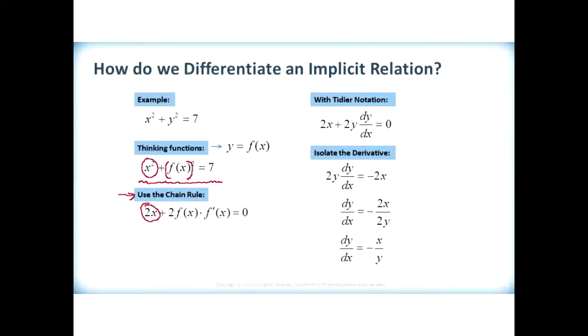Then I use the chain rule to differentiate the second term, f of x inside brackets all squared. The chain rule tells me to take 2 times f of x, reducing the exponent by 1, so you could put a 1 there, but we typically don't. So it's 2 times f of x multiplied by the derivative of f of x, and on the other side I differentiate 7 and I get a 0.